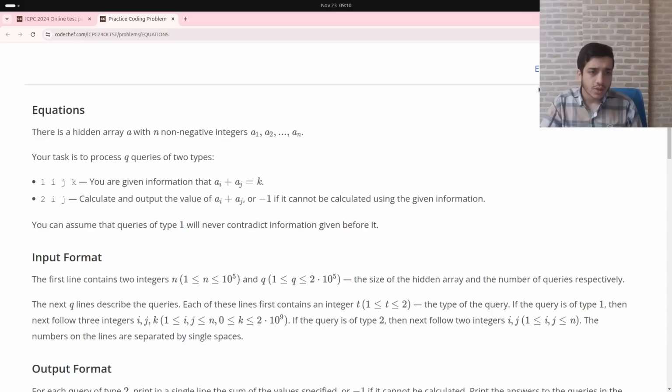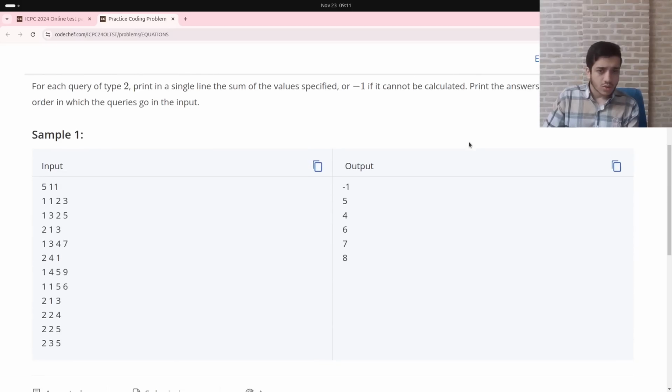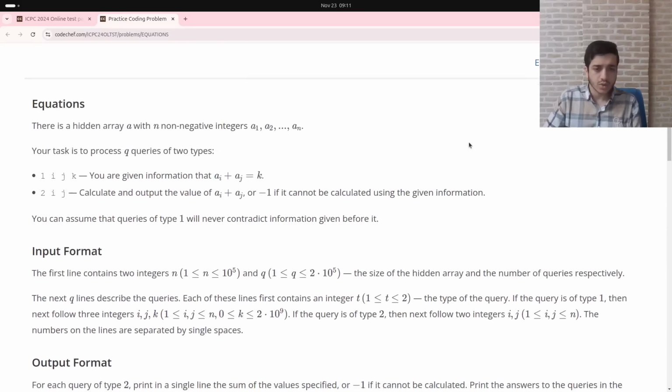The first type is that you understand that AI plus AJ is K, so the sum of two elements is given. The second asks to calculate and print the value of AI plus AJ, or minus 1 if it isn't possible to calculate it, and all of the information is consistent. So that's the problem.